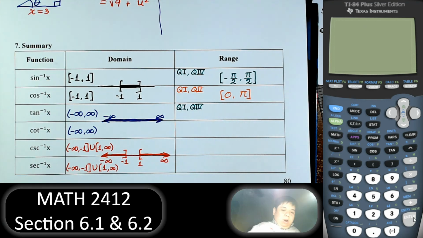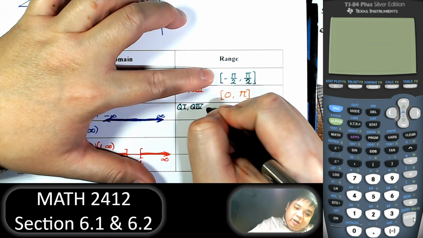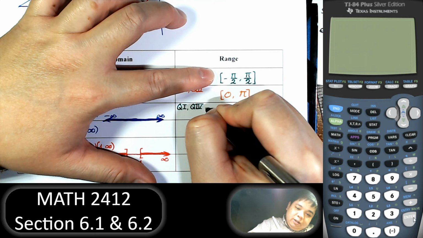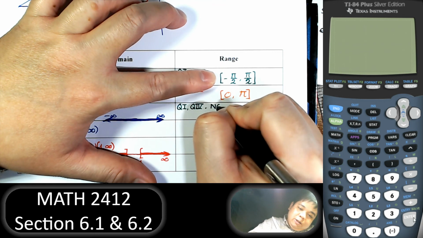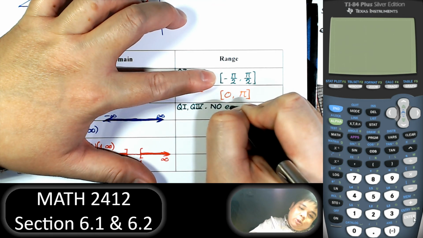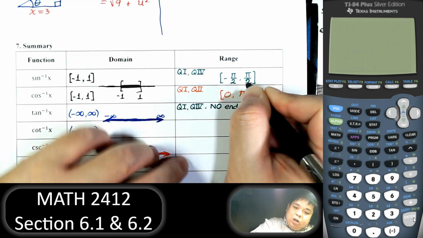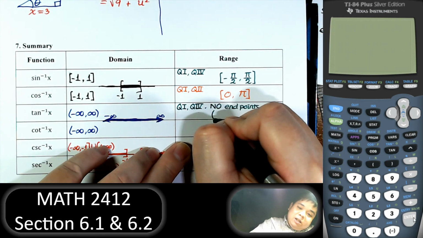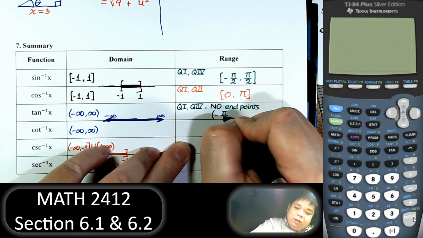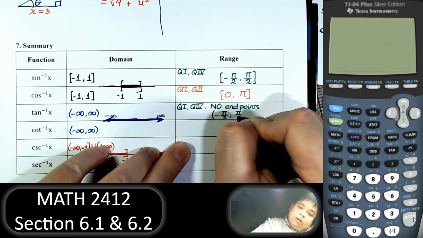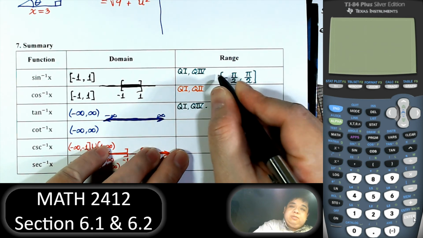So quadrant 1 and quadrant 4, there's no endpoint though. So it would be like that, but it would be negative pi over 2 and pi over 2. No endpoints.